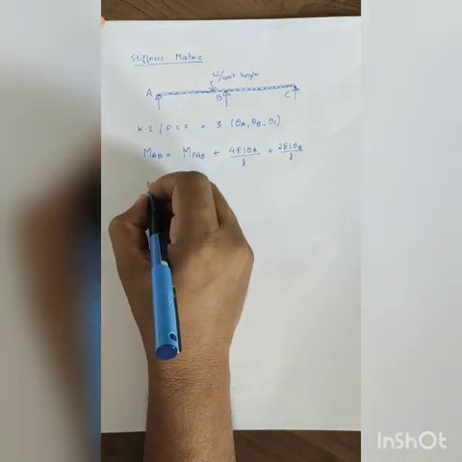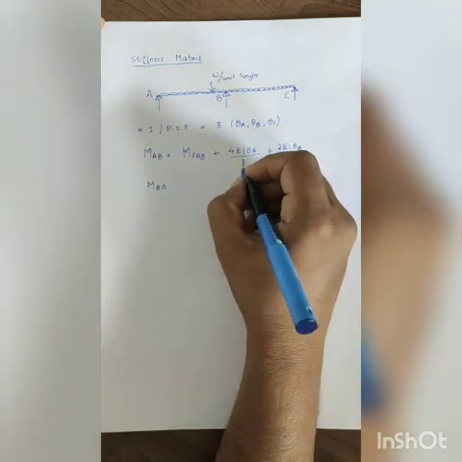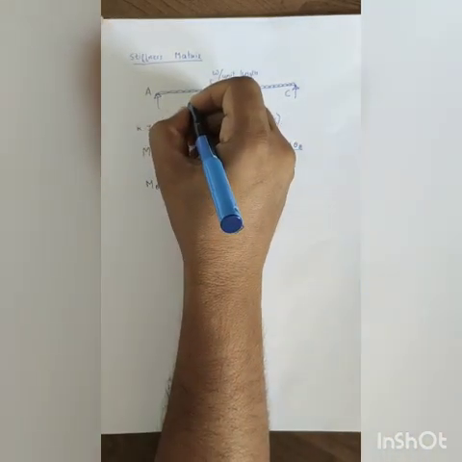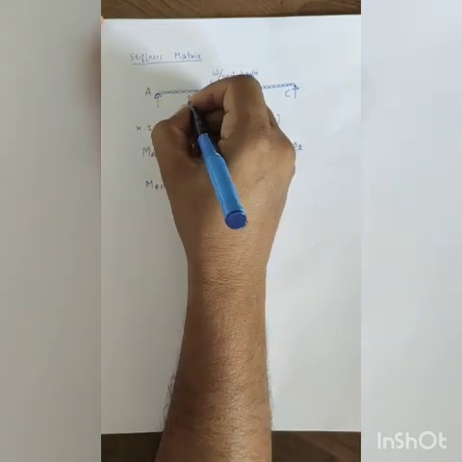Now MBA, where L is actually the span, the distance between A and B is L and B and C is also L.